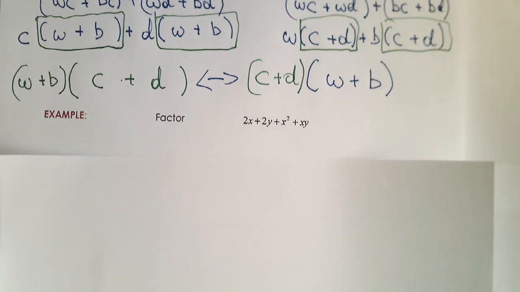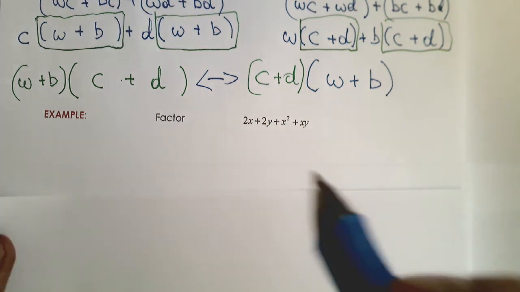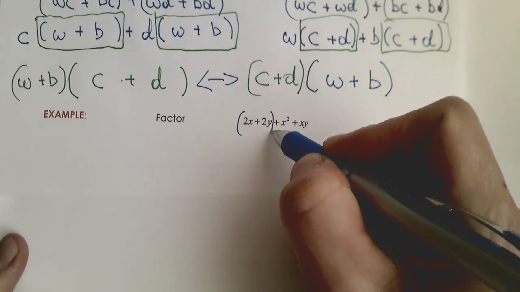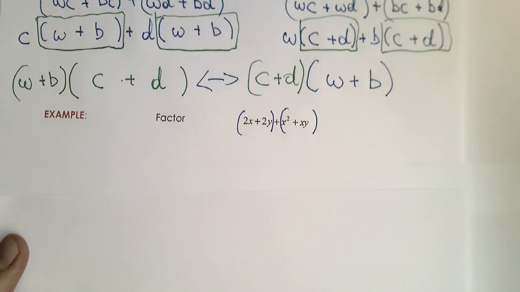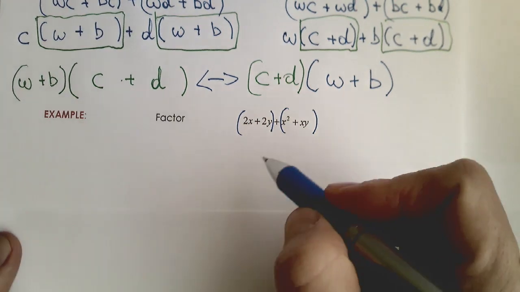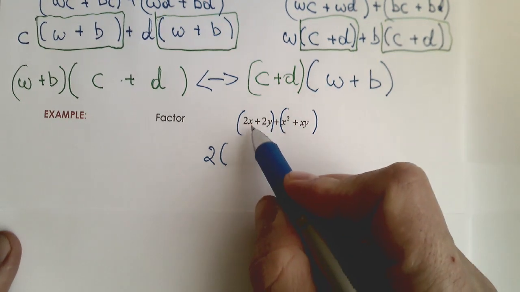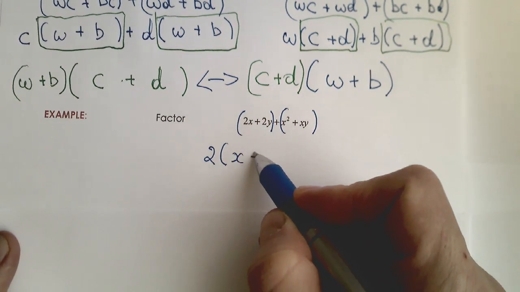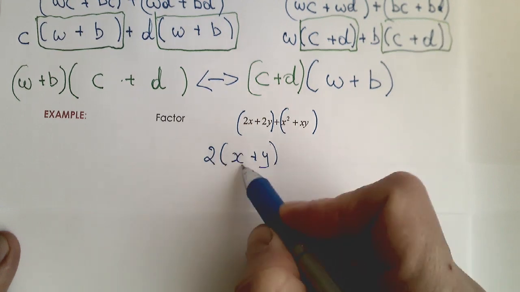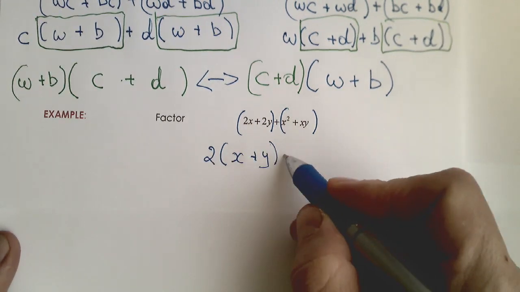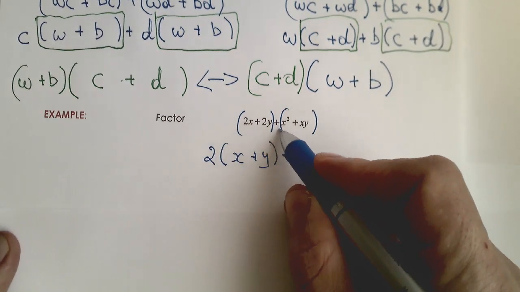So this question, again, I am going to group these two together. Then I am going to factor 2 from the first one, and I will be left with x plus y. Again, I can check it by expanding. Plus, that plus is here.